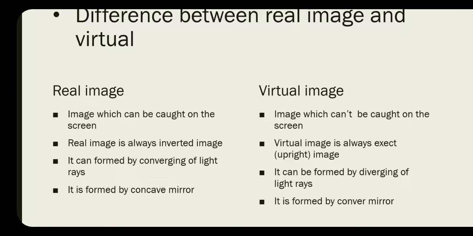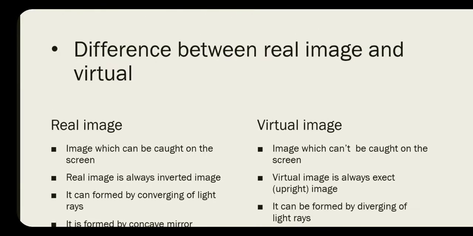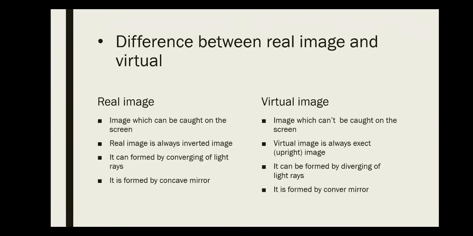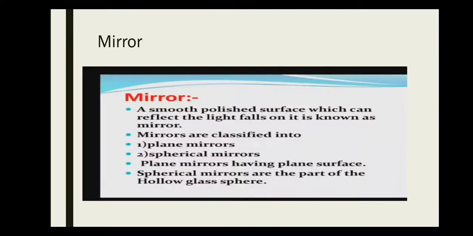A virtual image is always upright or erect. A real image can be formed by converging of light rays. A virtual image can be formed by diverging of light rays. A real image can form with a concave mirror. A virtual image can form with a convex mirror. These are the differences between virtual image and real image.